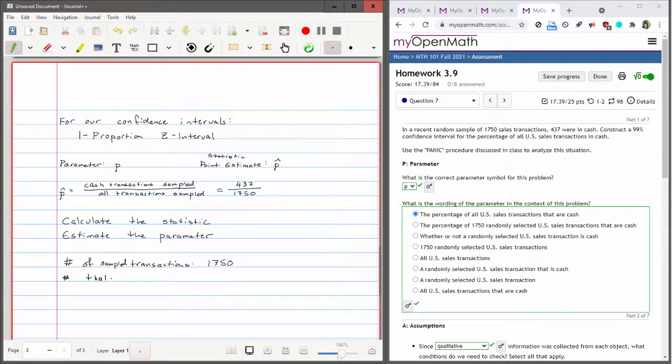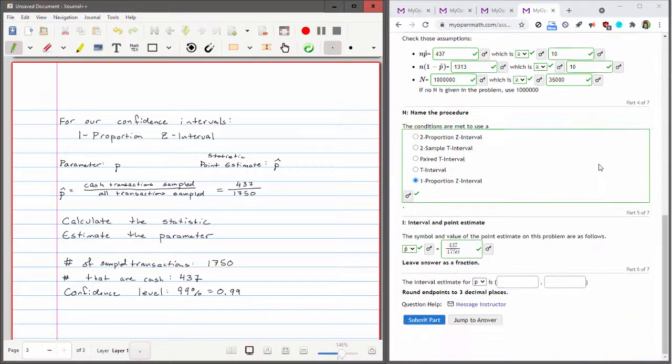Number that are cash, that's 437. And the other thing that we need to know when we go to the calculator is the confidence level. That's 99%, which as a decimal is 0.99. Those are the pieces of information that we need to give the calculator in order to get our confidence interval. All right, so let's go to the calculator.